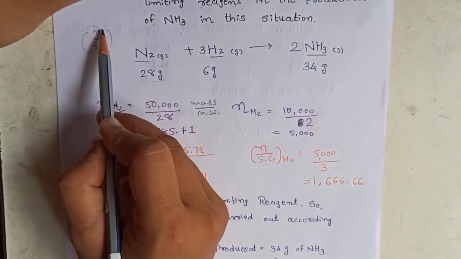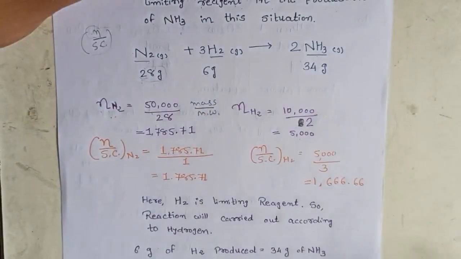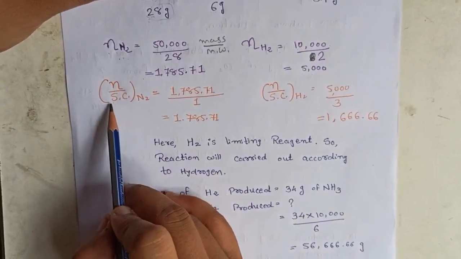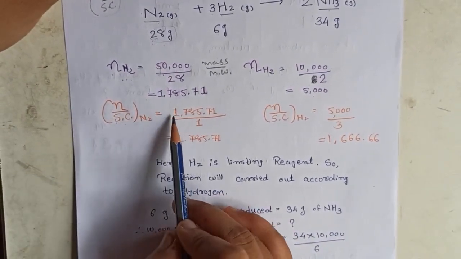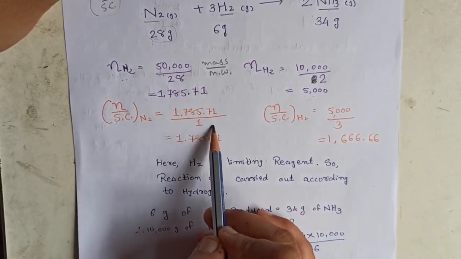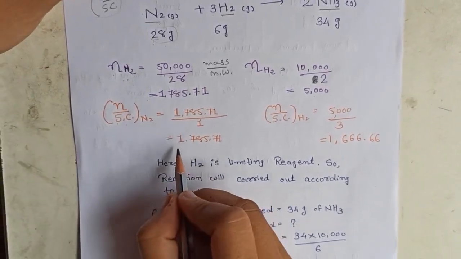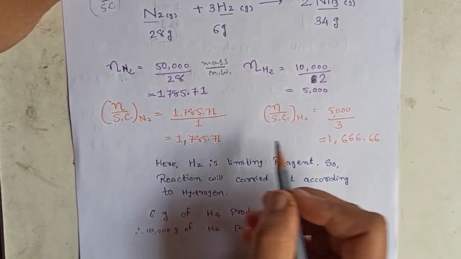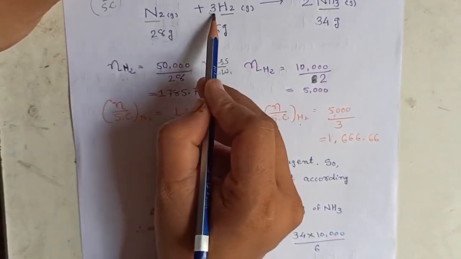Now, you have to find out the ratio for deciding the limiting reagent. So, divide the moles by the stoichiometric coefficient, right? For the nitrogen, the stoichiometric coefficient is 1. So, you have to divide moles of nitrogen by 1. So, you will get 1785.71. And for the hydrogen, here the stoichiometric coefficient is 3.